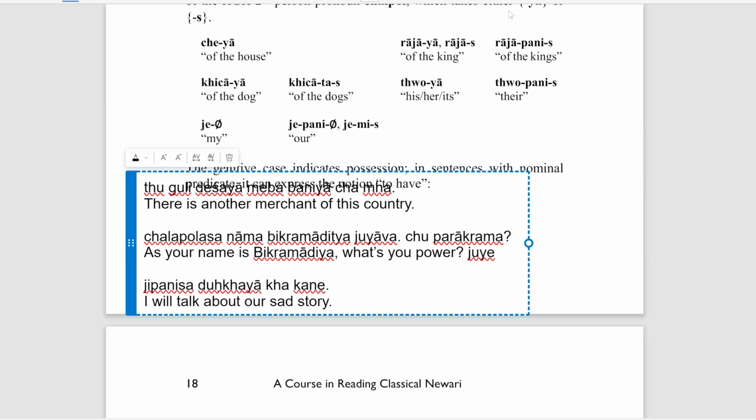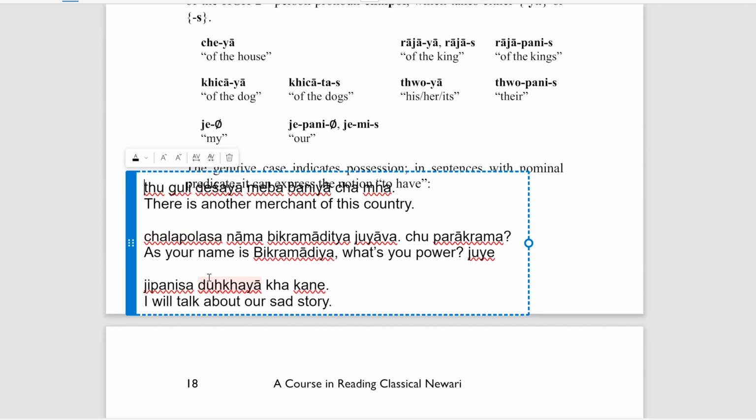Although the textbook says otherwise, here it is also the genitive plural marker, like our. So the genitive.